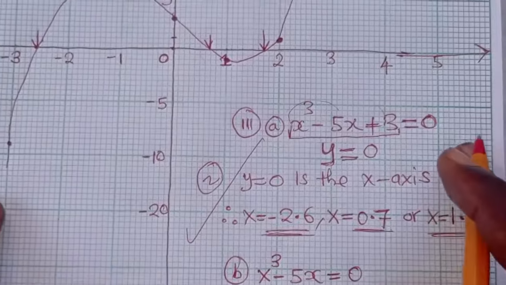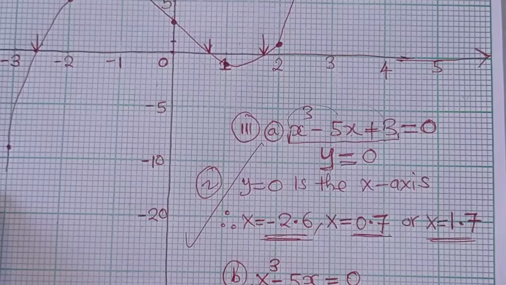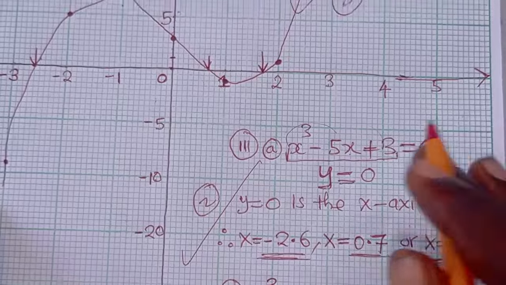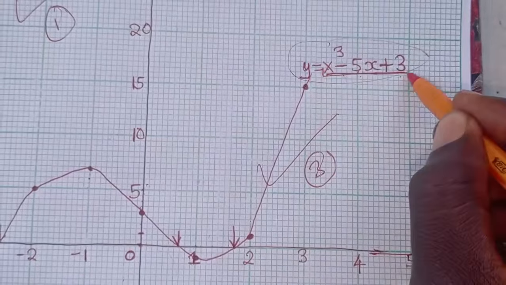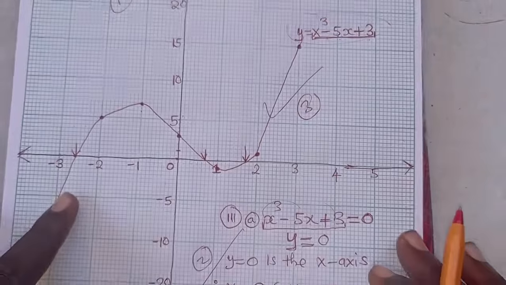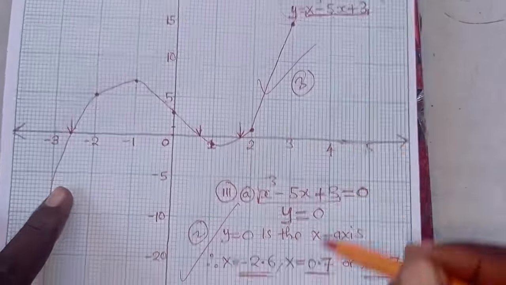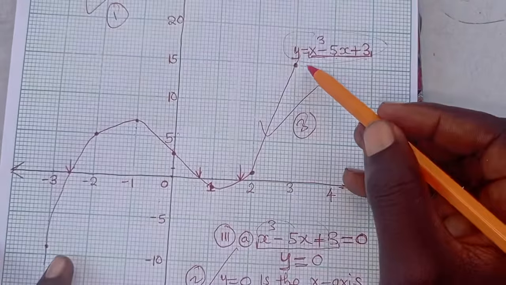So you ask yourself now, remember what I told you. You need to check. You get this one that is here. You compare it to that one that is there. You compare these two. So you ask yourself now, is this expression that is here the same as that one that is there?